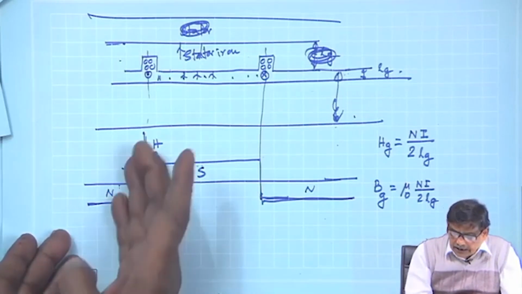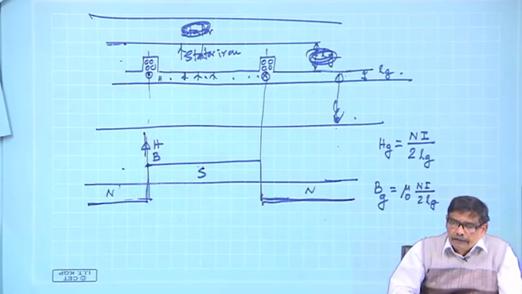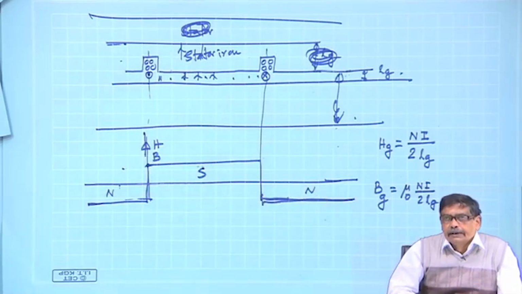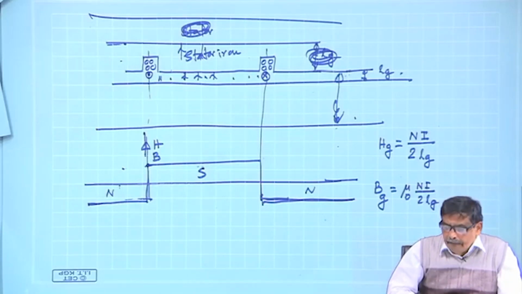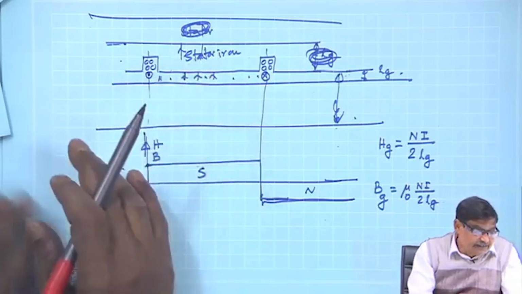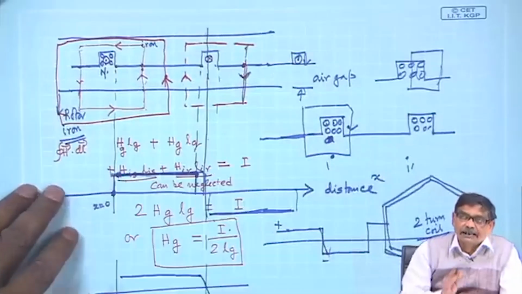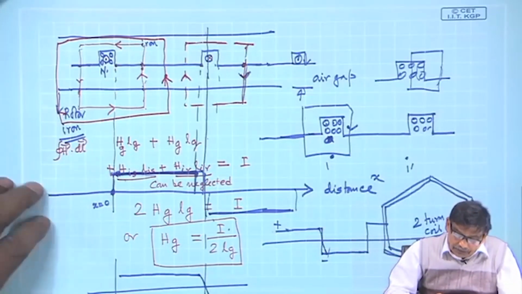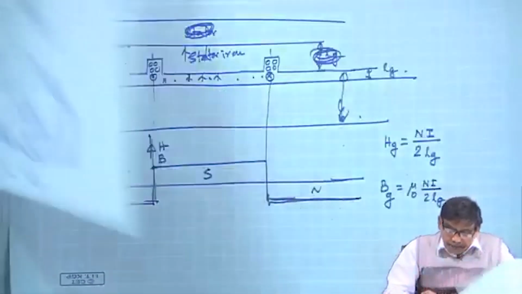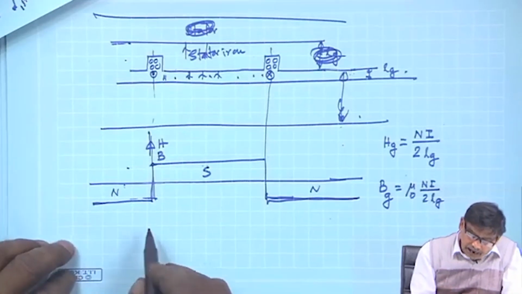So, a single coil has produced a flux distribution like this. Now, at this stage, let me tell you, suppose this is the stator and it produces a field like this. Now, I want to generate AC voltage. So, what will I do?